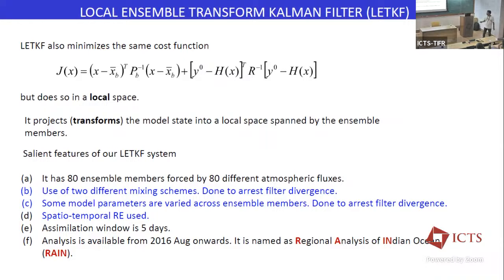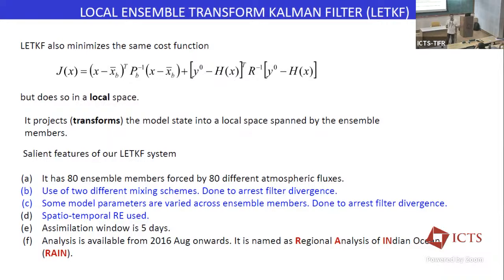The other thing is we assimilate every 5 days. Suppose today is May 15th. Whatever observations are there on May 15th, we assimilate, and we get an analysis. With this analysis as the initial condition, we run the model again for 5 days.